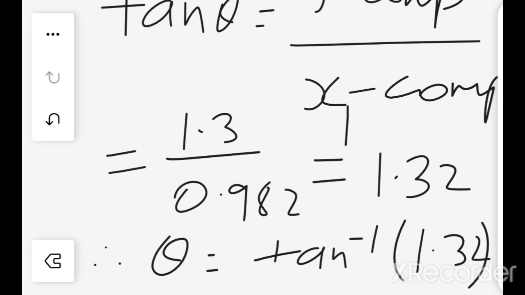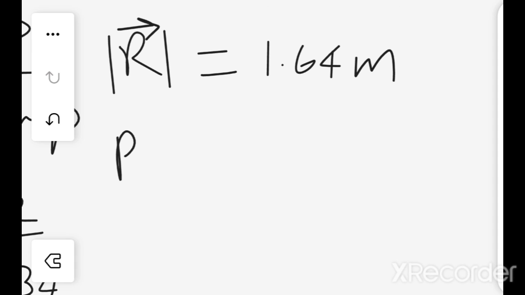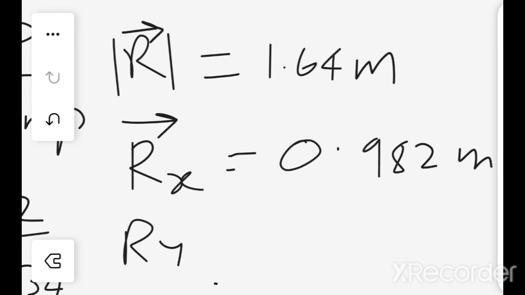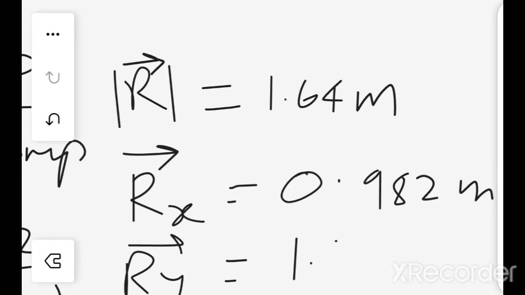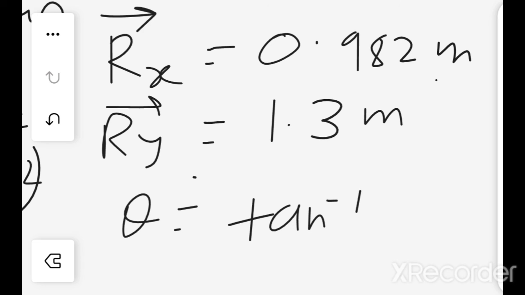Correct? So now let us write what we have found. The magnitude of the resultant is 1.64 meters, the x component of the resultant vector is 0.982 meter, the y component of the resultant vector is 1.3 meters, and the angle theta equals tan inverse 1.32.